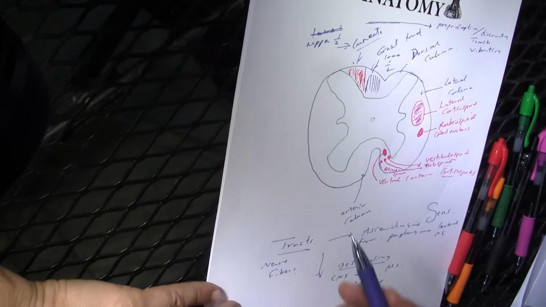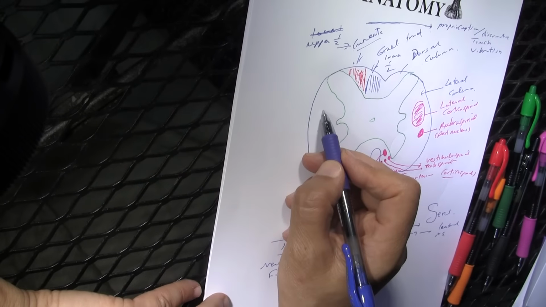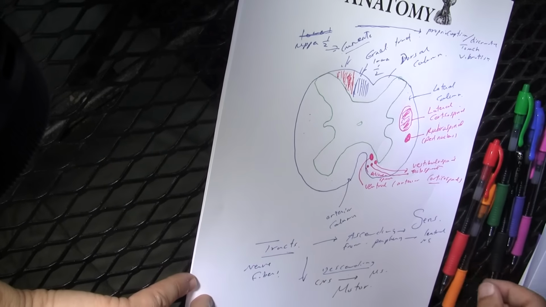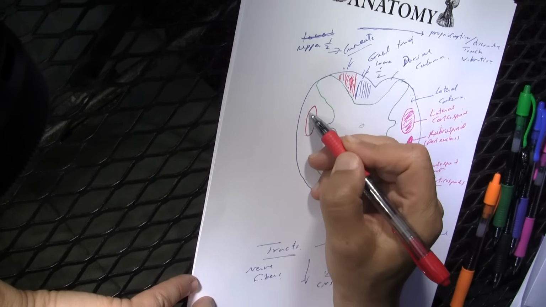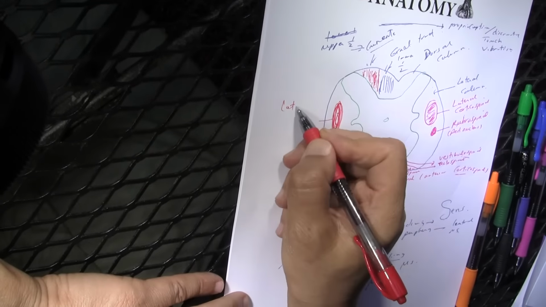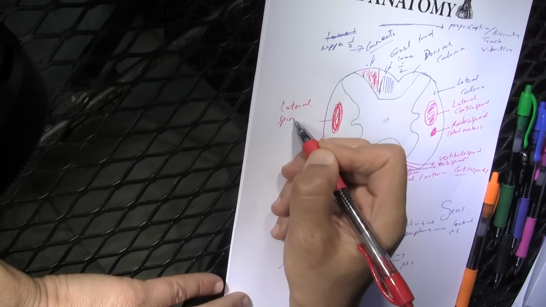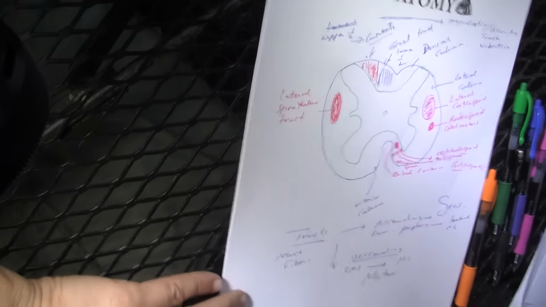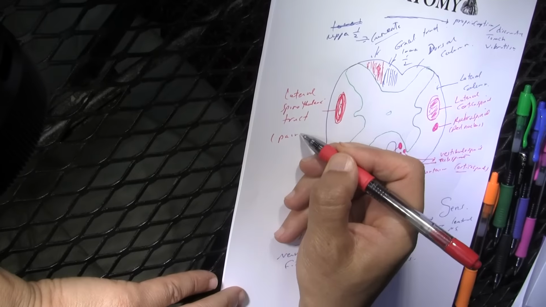Okay? On the lateral side, you have a major tract here for pain and temperature. This tract is called the lateral spinothalamic tract. This is for pain, temperature.